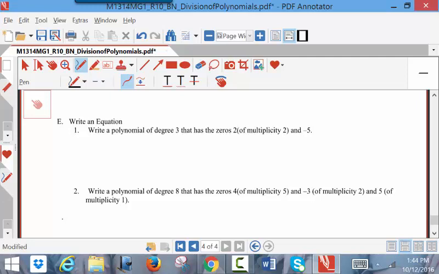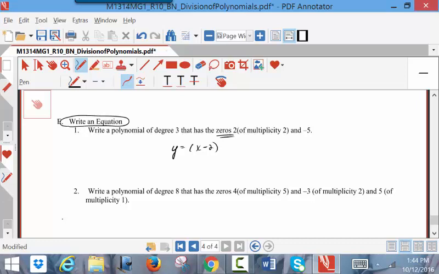I can do this. Go down to part E. This is fast. I don't have very much space here to write. Anyway, the question says write the equation. Y equals something. If 2 is a 0, then I would have to put x minus that number, right?